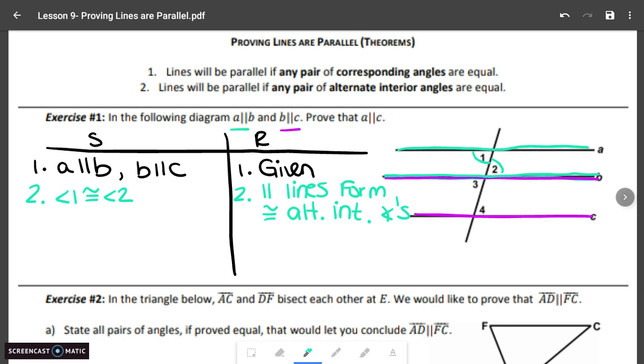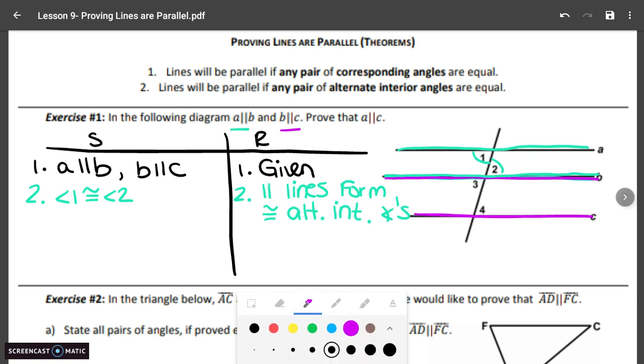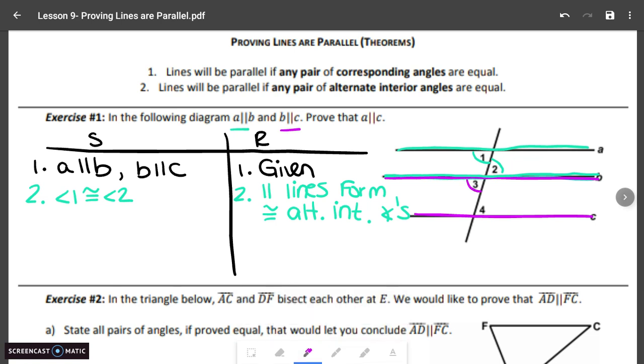So you can abbreviate it as long as I can read that. Now, if I look a little bit closer, I might see the same thing for angles 3 and 4 here. So I could write a third step and say same as reason 2, or I could just squeeze that right into that same step because the reason's going to be the same. I had B and C were parallel, and 3 or 4 are definitely alternate interior angles as well.